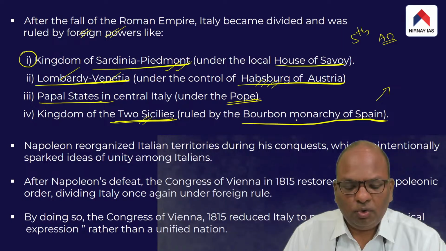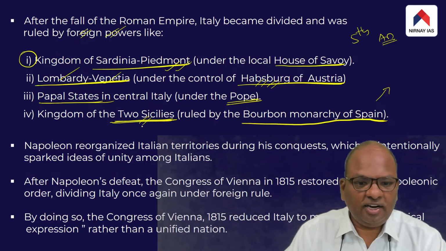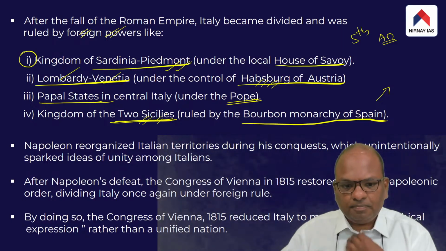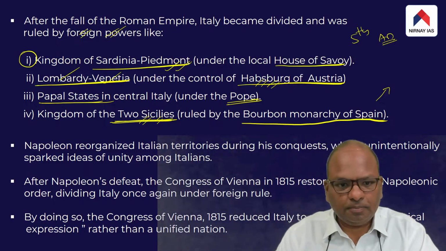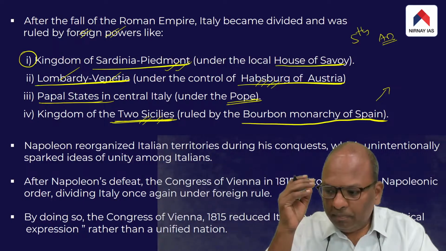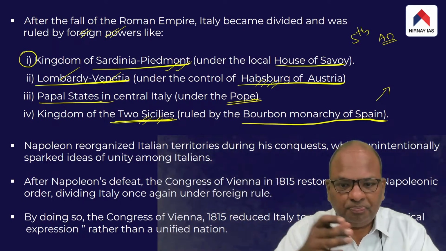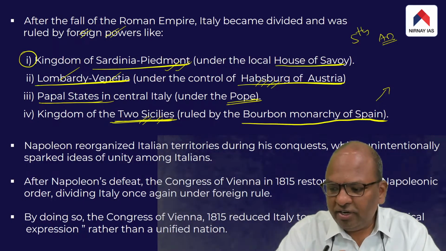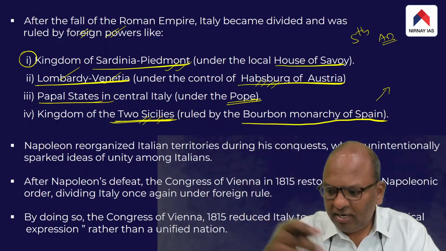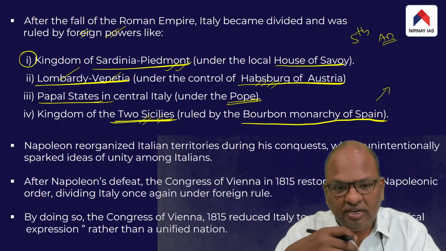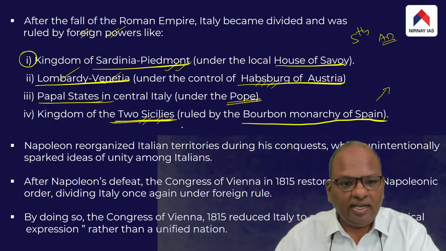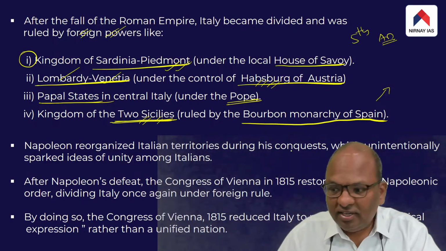So these Bourbon rulers of Spain had their control over the two Sicilies. This is what happened. So the whole point I'm trying to argue is that from the 5th century AD onwards, Italy was virtually divided into numerous parts, and these many parts came to be dominated by various foreign powers.